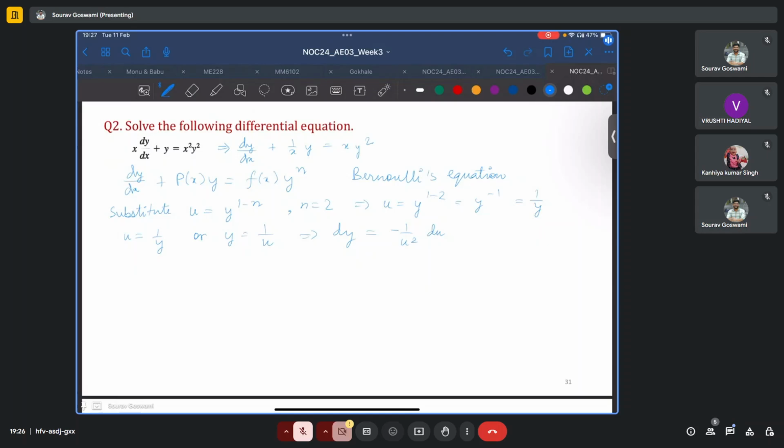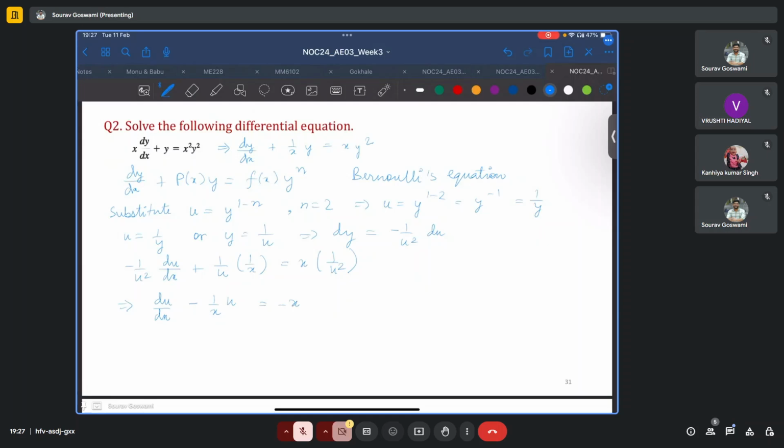If we substitute this for dy, we have minus 1 by u square du/dx plus 1 by u times 1 by x equals x times 1 by u square, or du/dx minus 1 by x times u equals minus x.